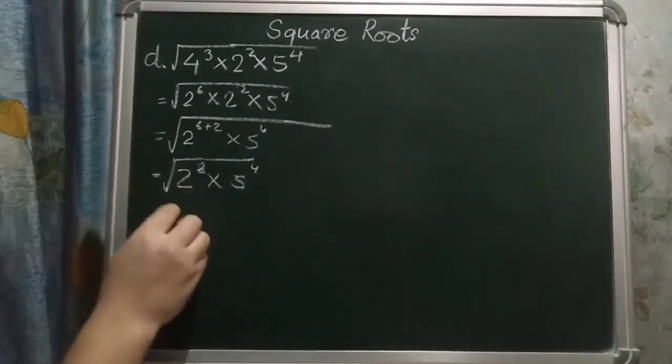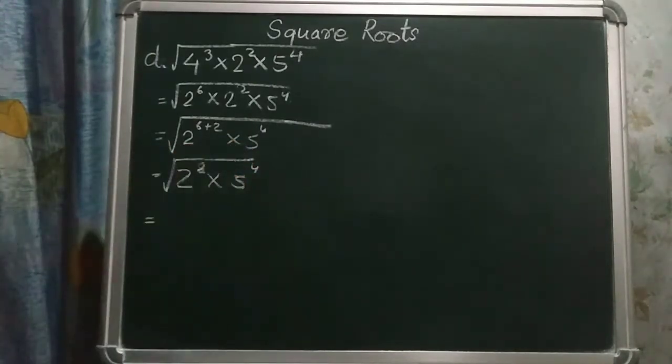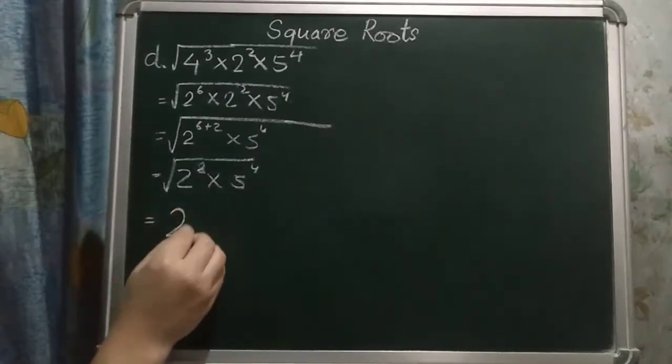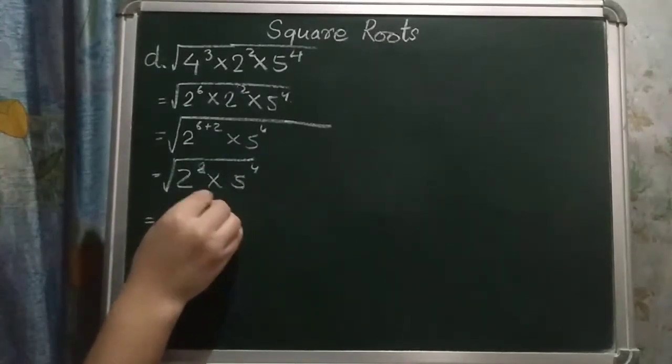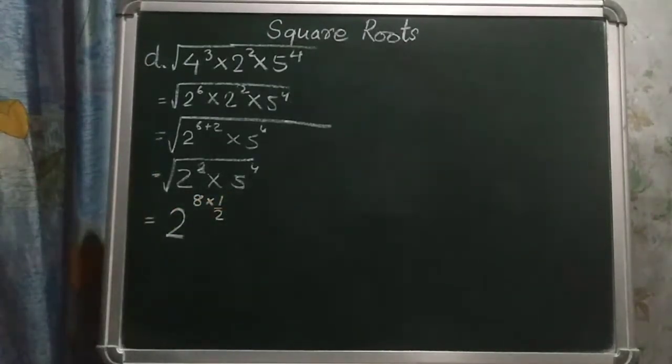Now as I remove this square root, I have to write 8 into 1 by 2 instead of this, because the square root is getting removed.